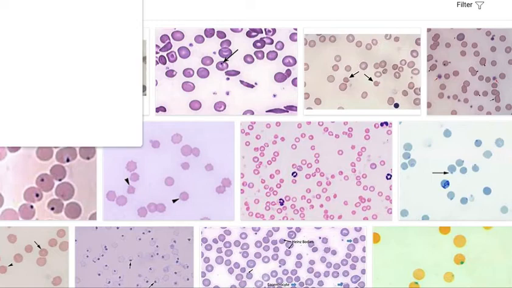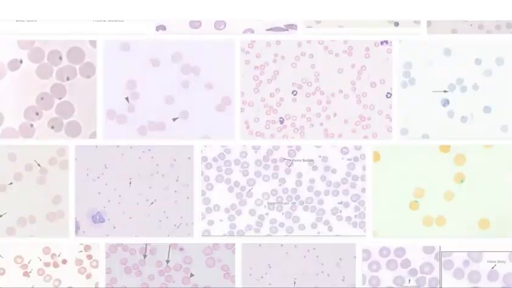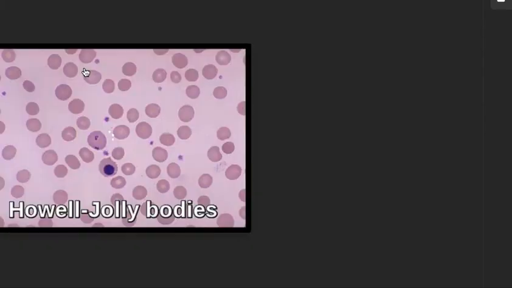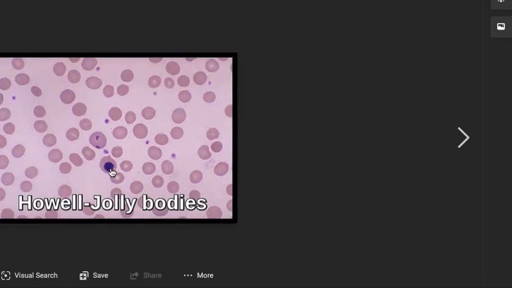Then there is something called Howell Jolly bodies. Yes, this one is a better one. You can see Howell Jolly bodies over here. When people have a splenectomy, so there is no spleen, then we see this type of bodies. Or when someone's spleen is not working.